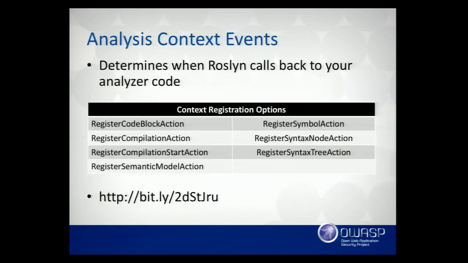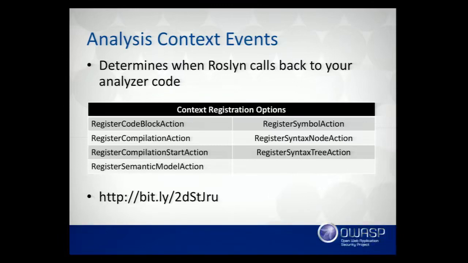Okay. Step 2, we need to actually determine what to look for. So this gets a little interesting. There are lots of options. So you have to determine a callback method that you would like to put your code into. So you have options for looking at a code block, which will fire when an individual code block, such as an if block or an else block or a switch block, is actually parsed.